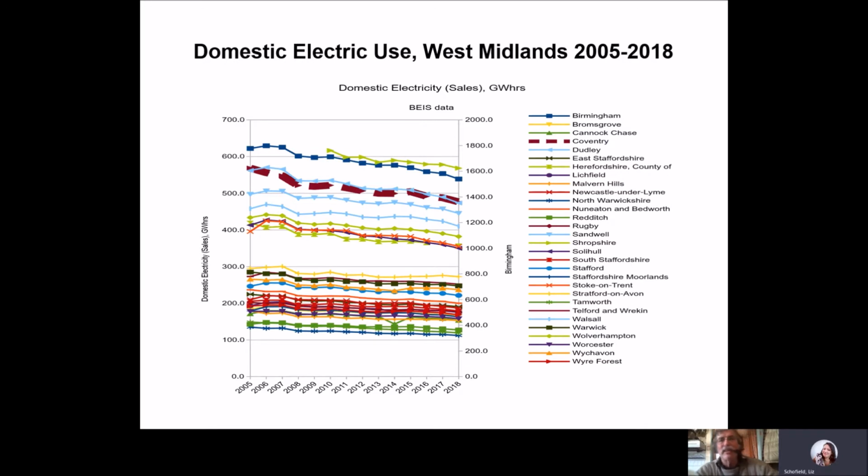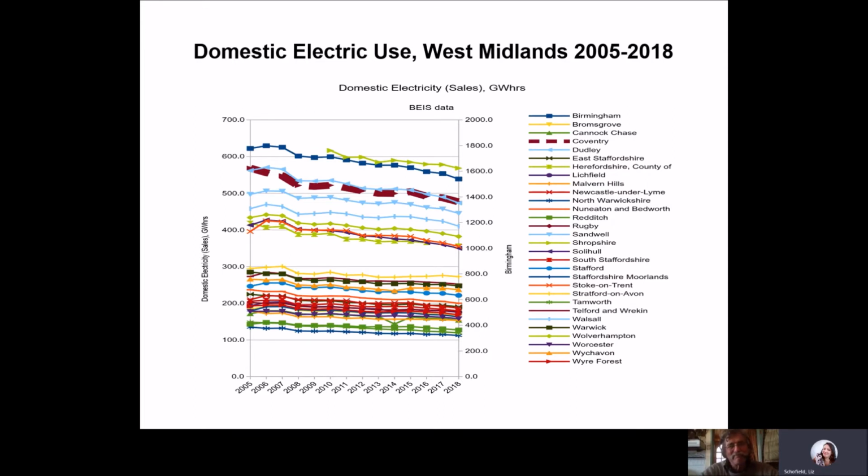All of them are declining because of efficiency drives. You'll remember that our electric companies used to send us low energy bulbs, and the efficiency of domestic devices increased over the last decade or so. That's what's going on as a general phenomenon. But there's no different trend in Coventry. There's no change in the gradient.